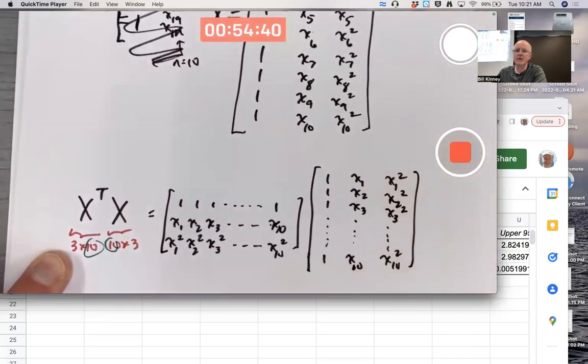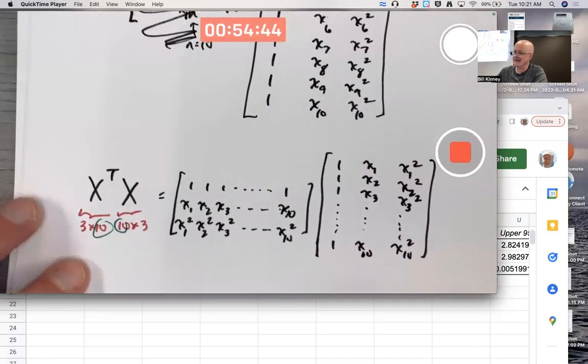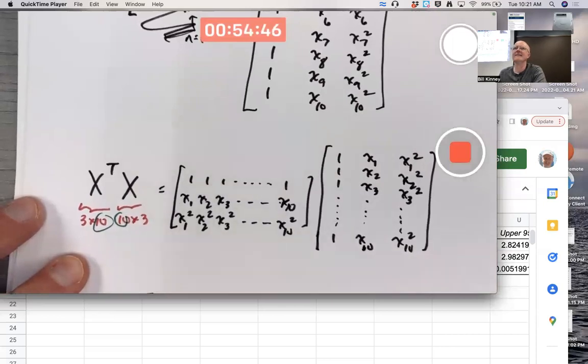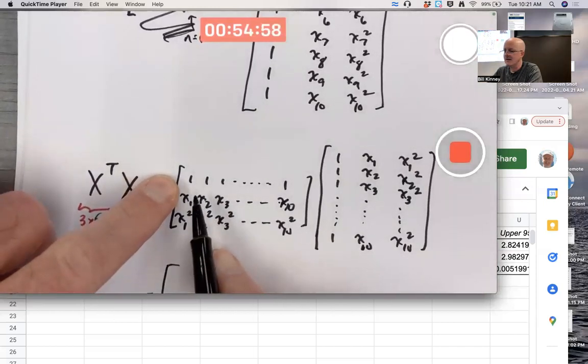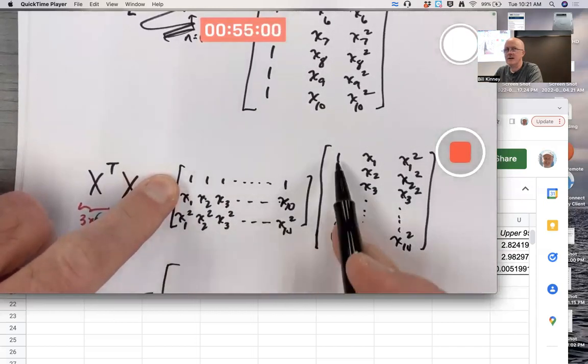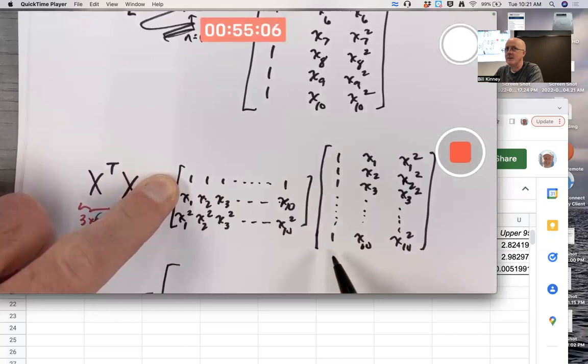Dare I actually do the multiplication? I dare. Think about it with me here. It's actually not that hard. Upper left entry of the 3 by 3 matrix is going to be, do the first row there in the first column there, 1 times 1, plus 1 times 1, plus 1 times 1, plus etc. Add a bunch of ones.